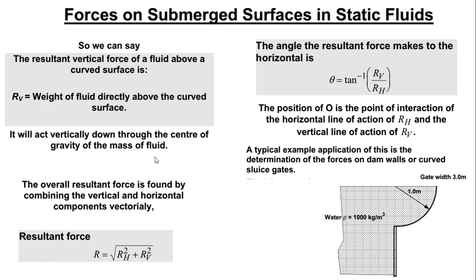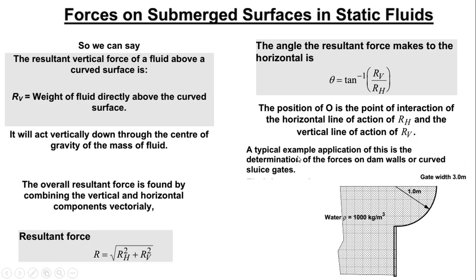Okay, so now that we have managed to find RH and RV, we can calculate R, which is the resulting force. The resulting force will be equal to the square root of RH squared plus RV squared. Then from there, like I said, we will also need to find theta, which is arctan RV over RH.